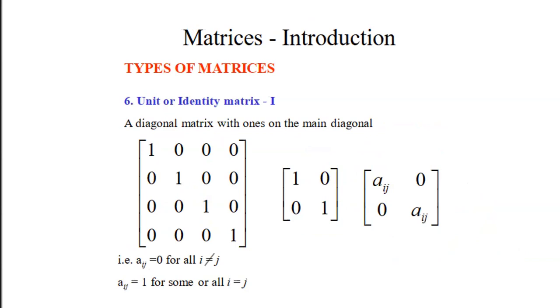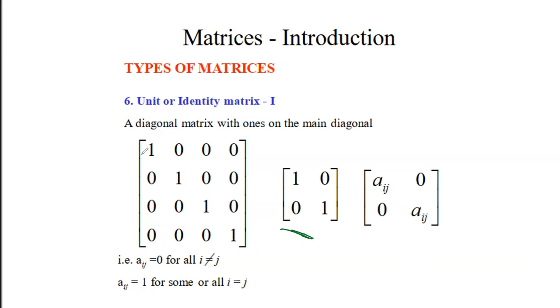This one, very, very important. They're called the unit or identity matrix, right? And it has to be a square matrix too. You can have a two by two unit matrix, 4 by 4, 3 by 3, 5 by 5, all kinds of things.